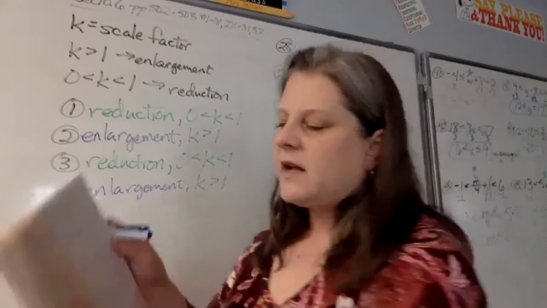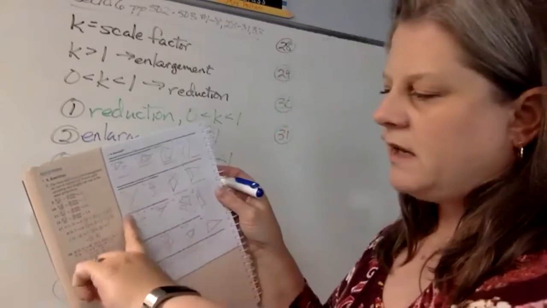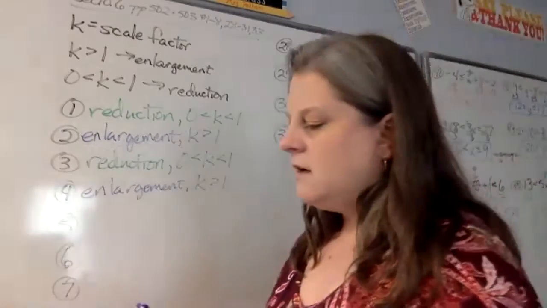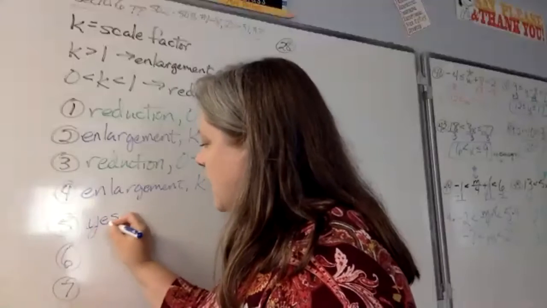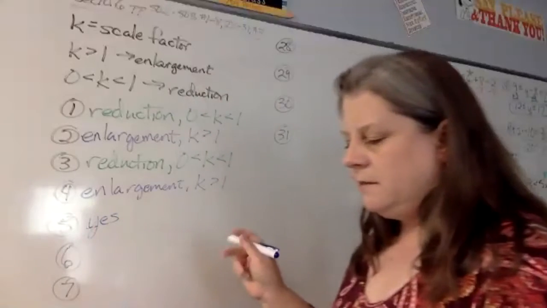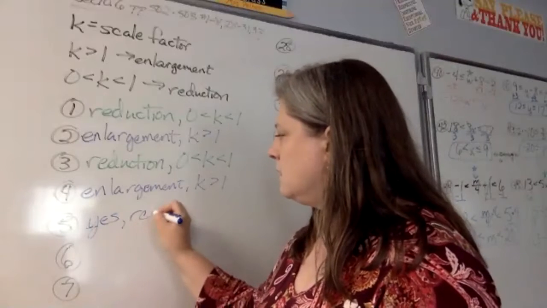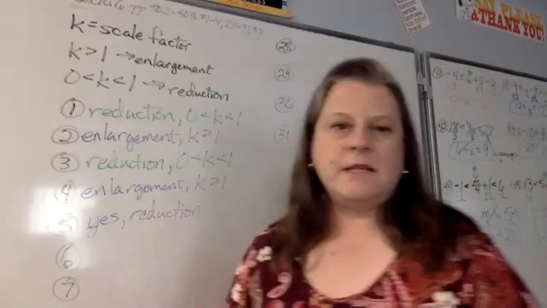So does it look like these endpoints of the 2 lines would be in a line with point P? Yes or no? Yes. So that means yes, it's going to be a dilation, and it's what type of dilation? Reduction.